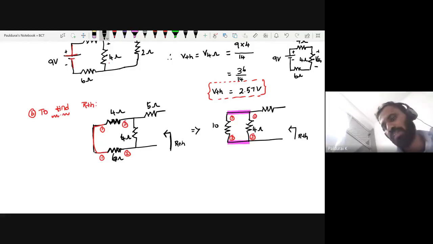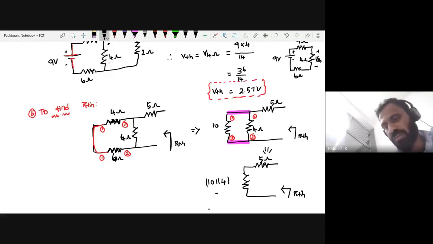So what is the equivalent? This is 10 parallel with 4, in series with actually my 5 ohm, and now this is my RTH. What is 10 parallel with 4? Anyone? 10 times 4 divided by 10 plus 4, 40 divided by 14. How much?